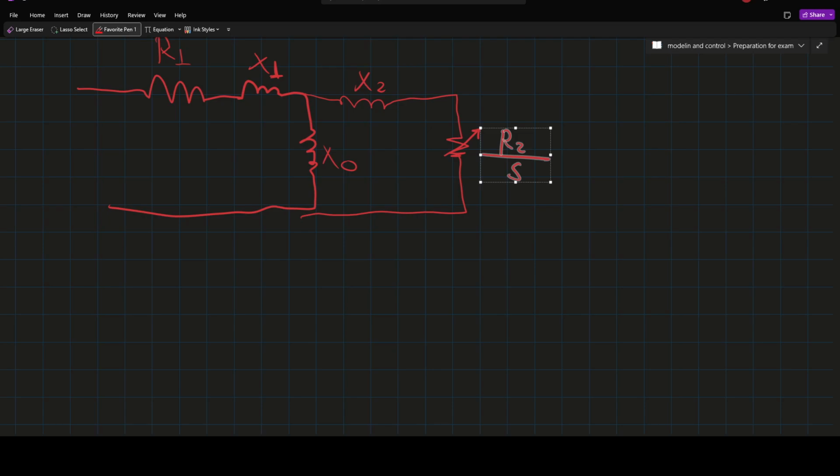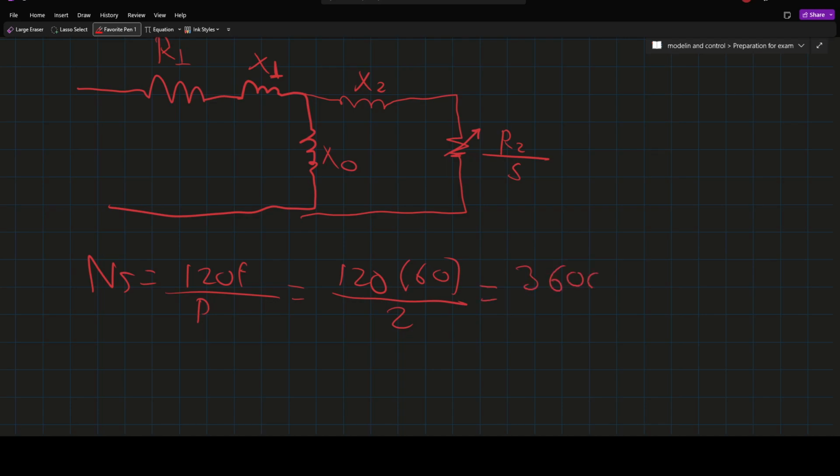So first we need to calculate the slip. The synchronous speed is going to be 120 times the frequency over the number of poles. Here we have 120, a frequency of 60 and 2 poles, so we have 3600 RPM. The slip is equal to our synchronous speed minus our rotor speed over our synchronous speed.